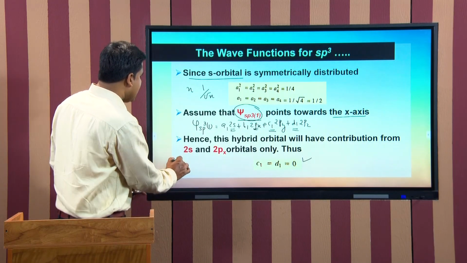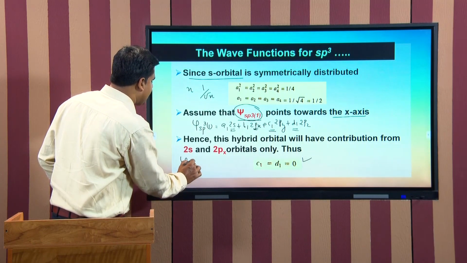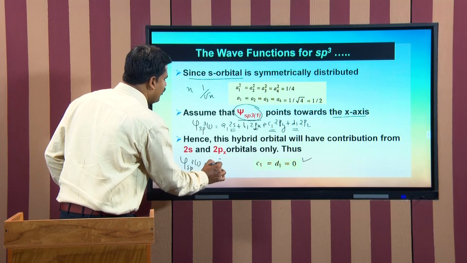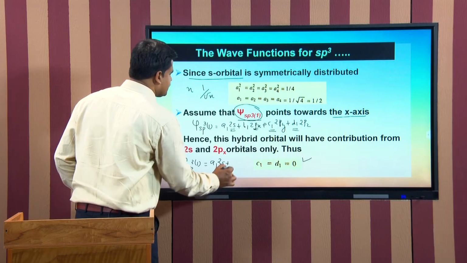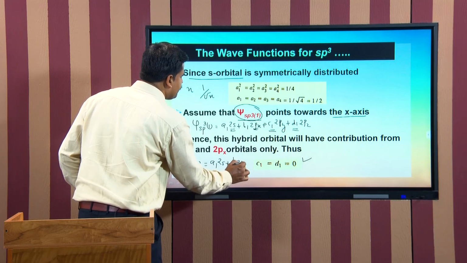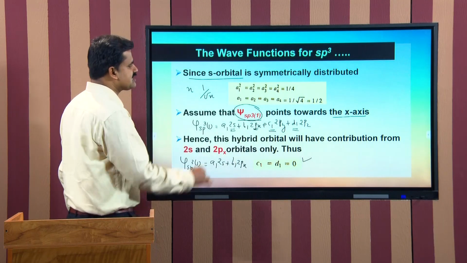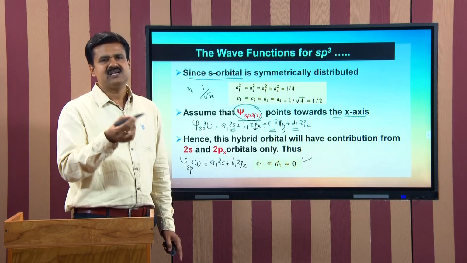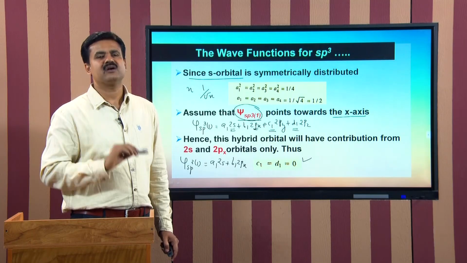Therefore, psi sp3 1 can be simply represented like this: A1 2s plus B1 2px. The coefficients C1 and D1 vanish, since psi sp3 1 is oriented along the x direction.